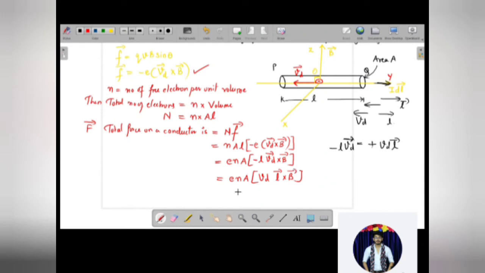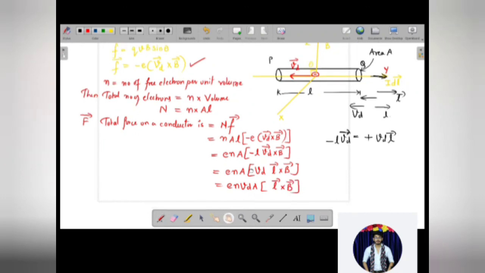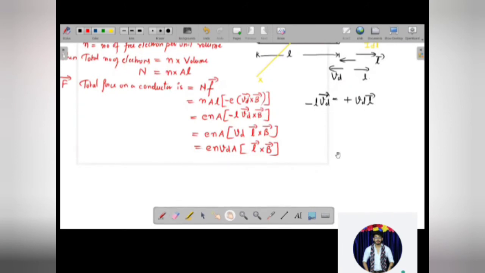Now VD I'll take out. So N E VD into A, and what will remain in the bracket is L cross B. Now what is NEAVD?